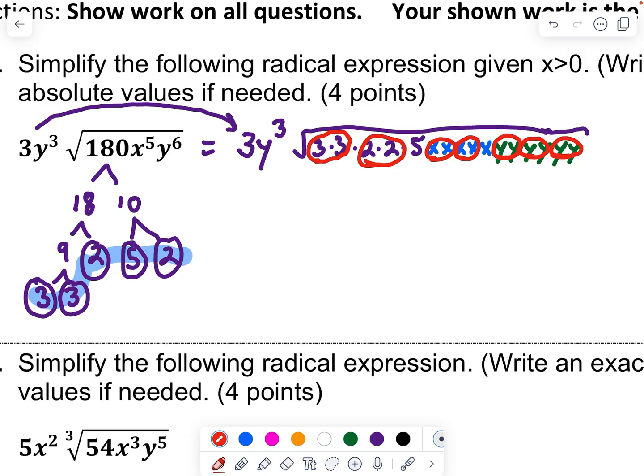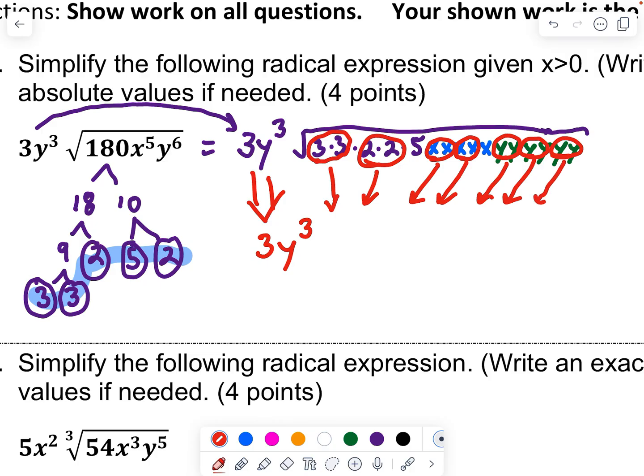Okay, don't forget that you have this already on the outside. You're 3y cubed, or you could say 3 times y times y times y. And then each one of these circles, because we are just looking for pairs, those are all coming outside your square root as just one of those two factors, like square root of 3 times 3. That is just 3.